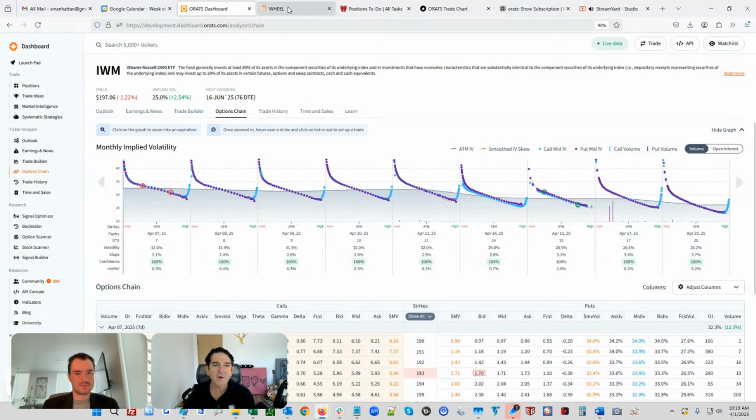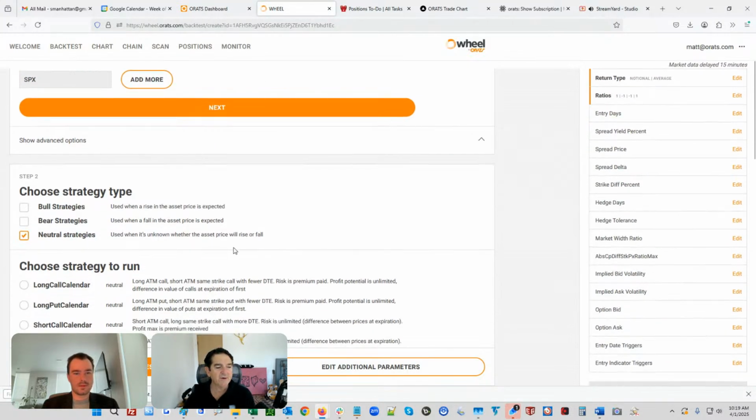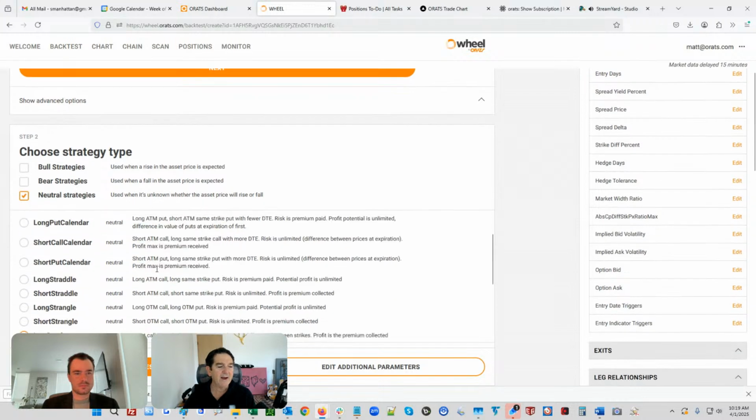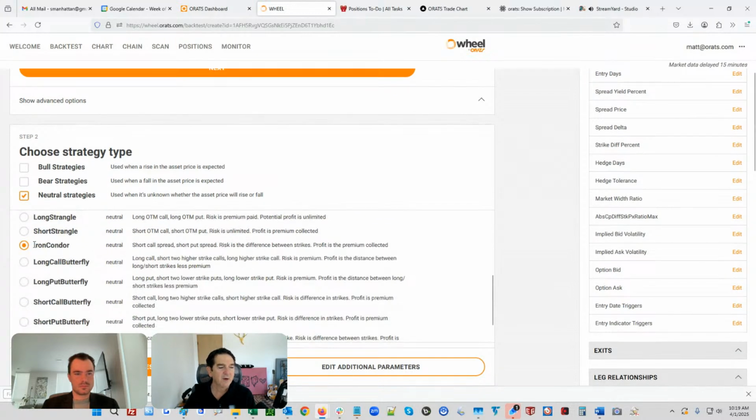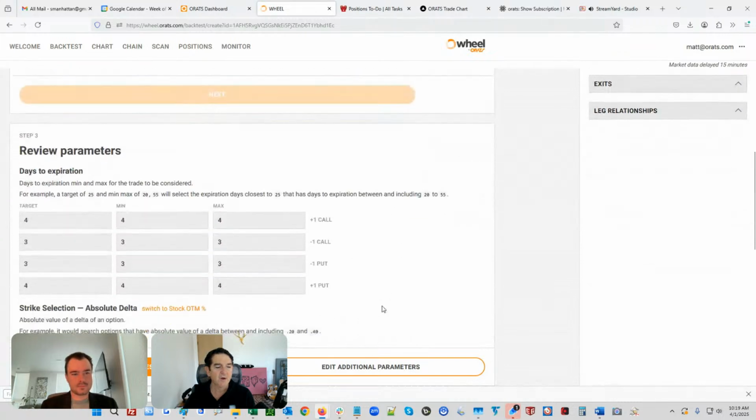Yeah, sure. All right, so here's the legacy backtester, where you can set up a custom strategy. So the first thing, we don't have a diagonal here, but you could choose an iron condor. An iron condor has four legs, and you can control these legs. So you could control the days.